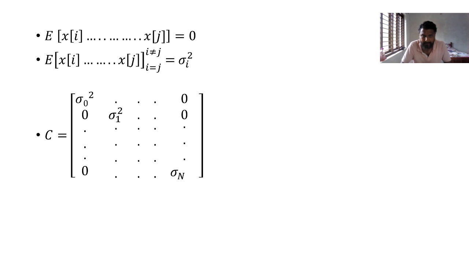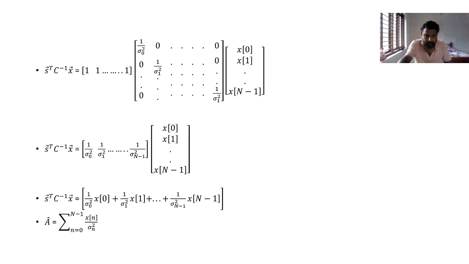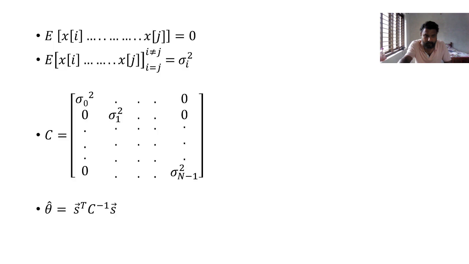Now theta cap is nothing but S transpose C inverse into X. Sorry, I have made one mistake there.